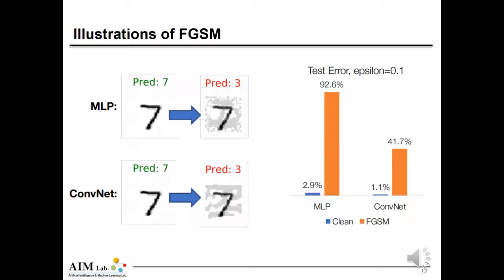After using the FGSM method, these models misclassify the image as label 3. Let's look at the actual test error of these models. On clean accuracy, both do quite well, and when you run this attack method, you get a very large error for both.